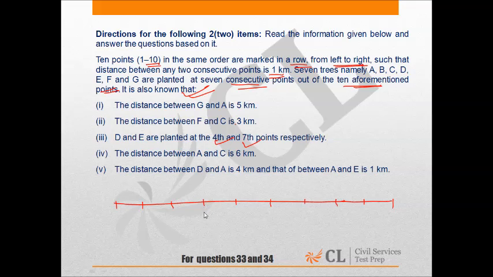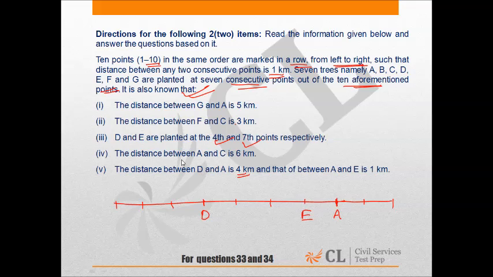It means D is here and E would be here. From the fifth statement, the distance between D and A is 4 km. If D is here, then A would be obviously here, because in this situation the distance between D and A would be 4 km.